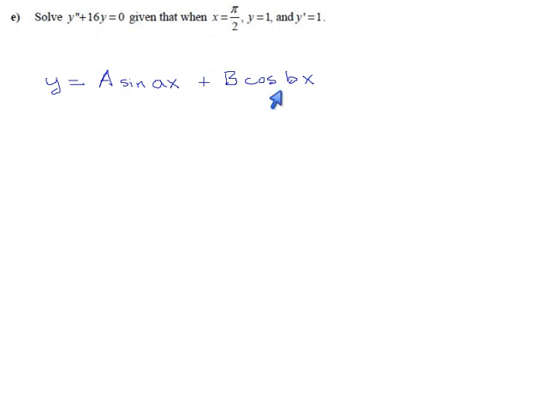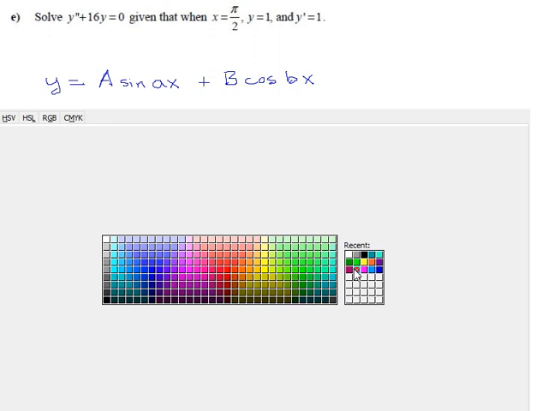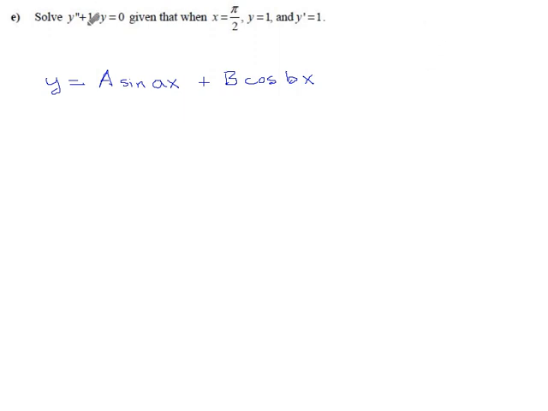So the little a and the little b we can pick off fairly quick. And it goes like this. The coefficient in this differential equation on the y, this 16, they call that number k. So k is 16. It turns out both of these frequencies for this thing to work out have to be the square root of k.